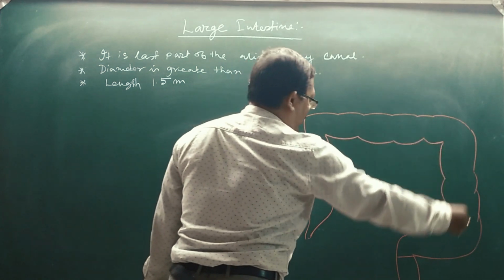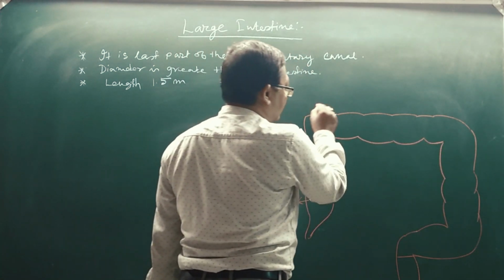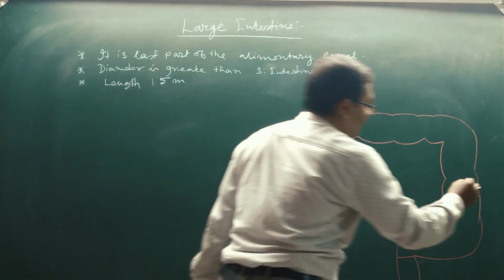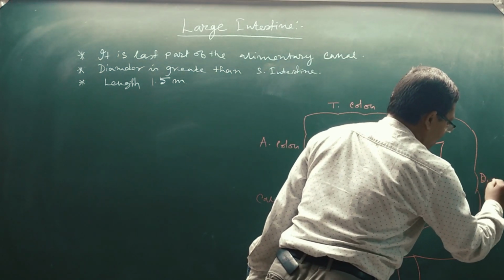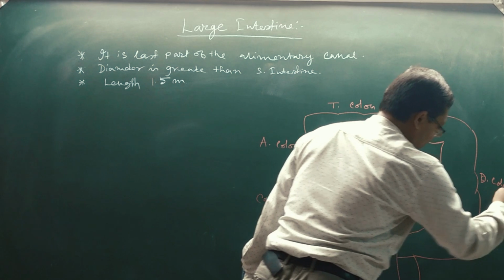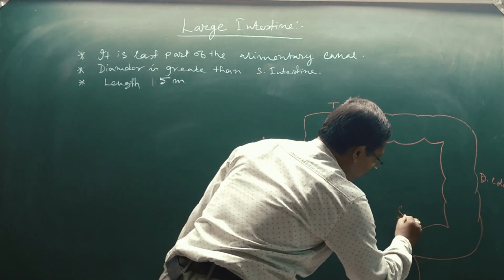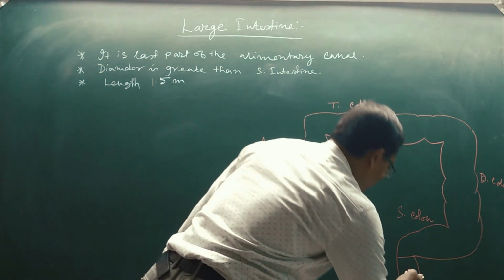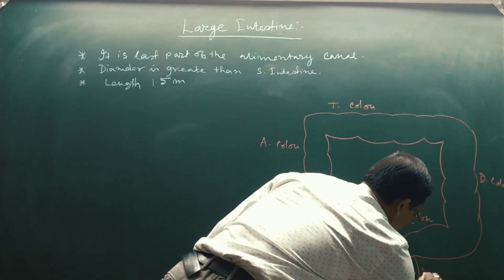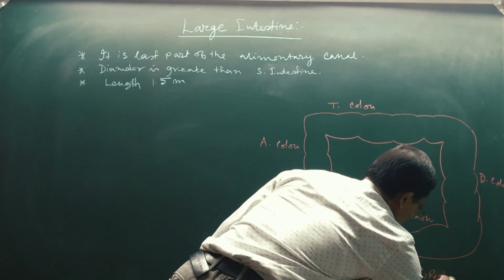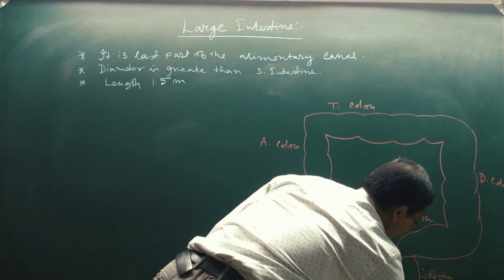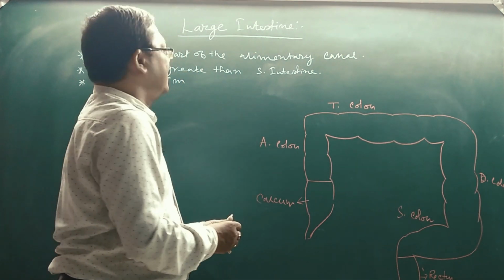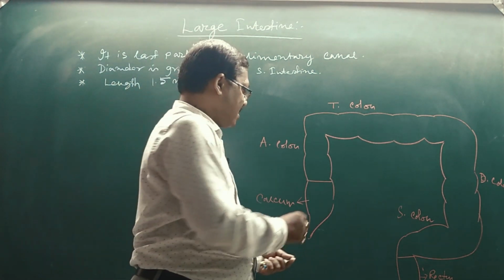The total length is called the colon: ascending colon, transverse colon, descending colon, sigmoid colon. This is called the rectum, and this is called the anus. These are the parts of the large intestine.